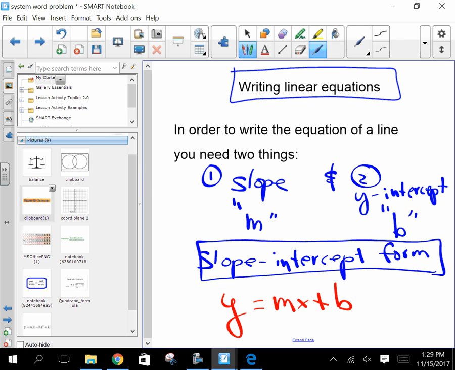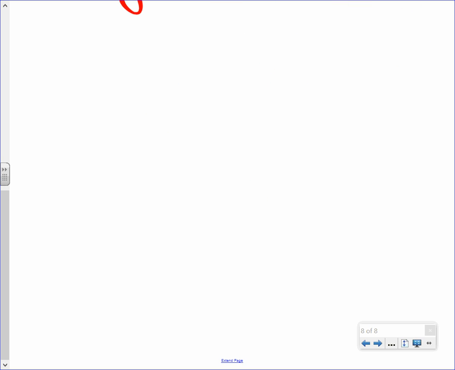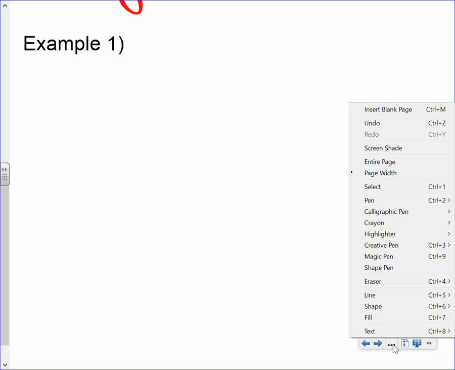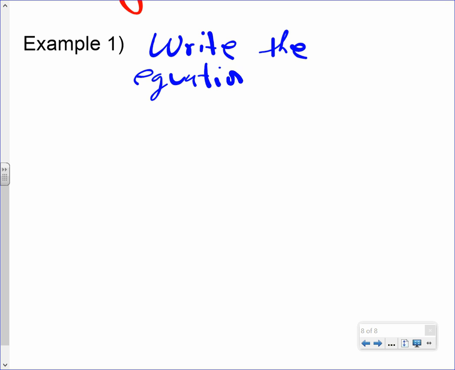Given that we need both items to write an equation, look at example 1 on your notes. Ready, Rodriguez? Here we go. Write the equation of the line.